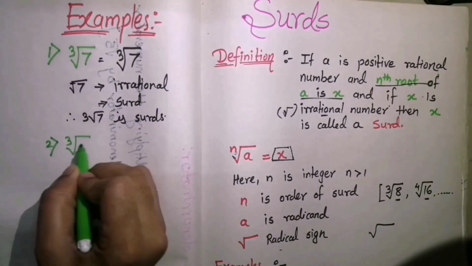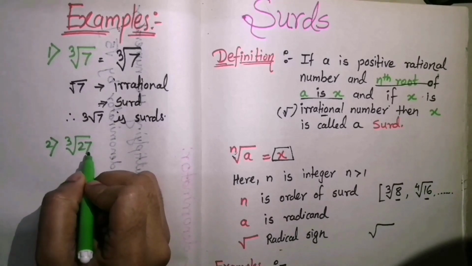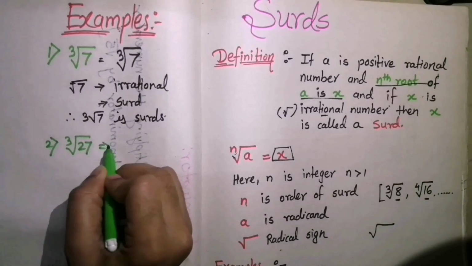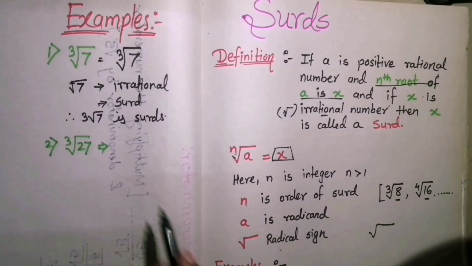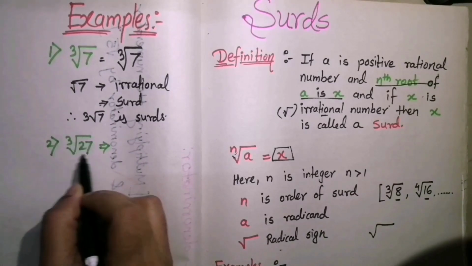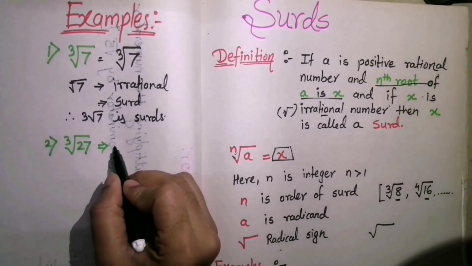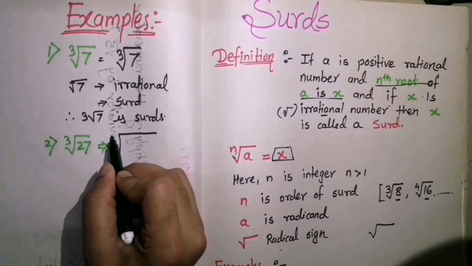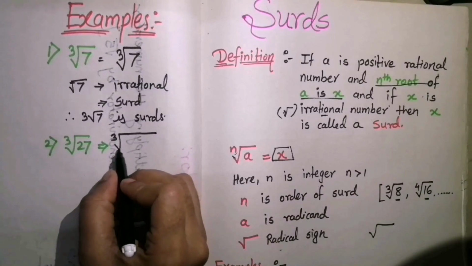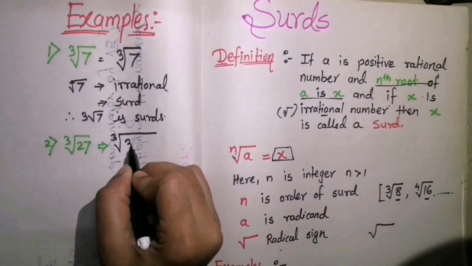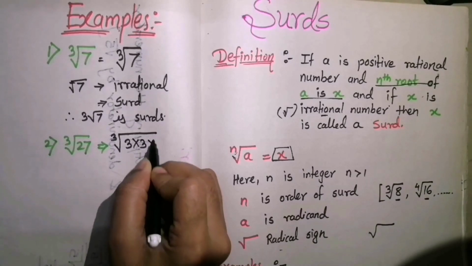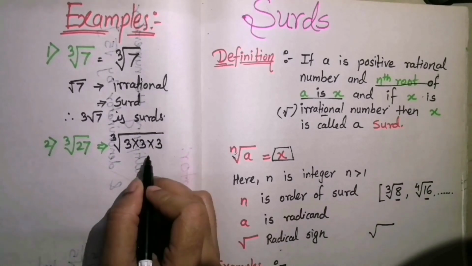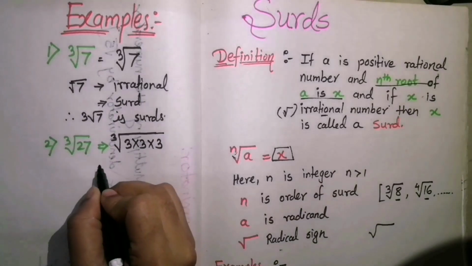The cube root of 27. Now students, how to solve it first? Listen carefully. First students, we have to factorize this 27. So how to factorize the cube root of 27? Here is a 3, 3 threes are 9, 9 threes are 27. Clear? Now next step.